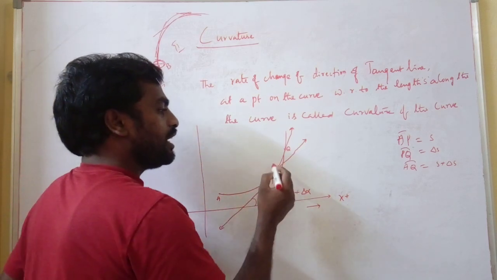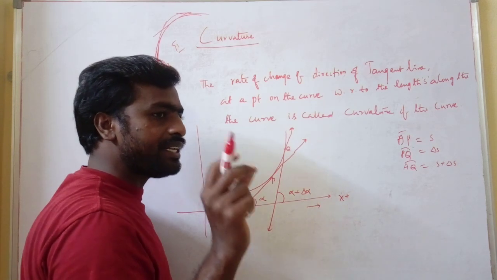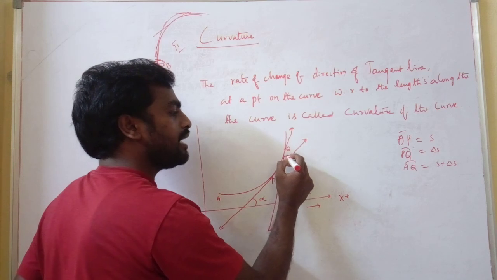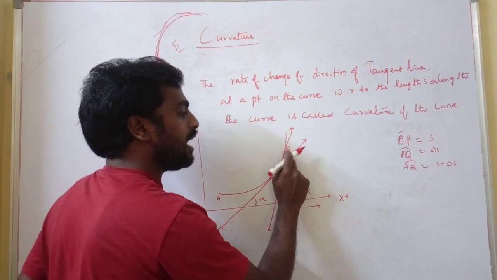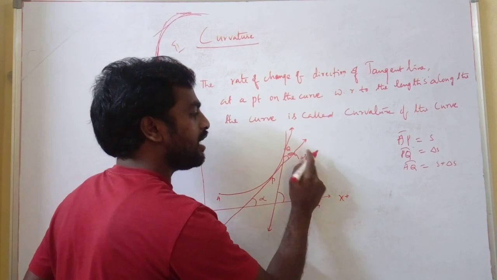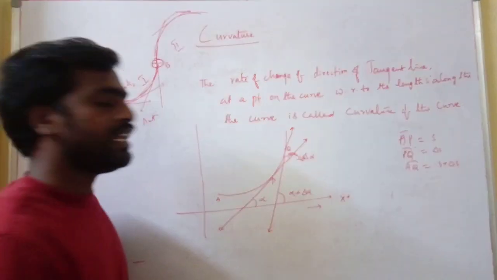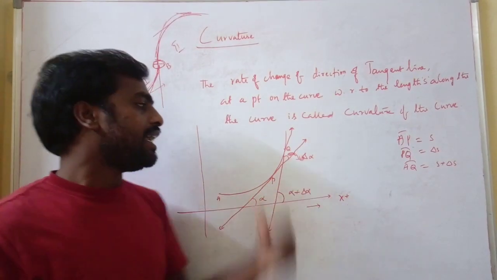I am indicating alpha plus delta alpha as the angle between the tangent line at point Q and the positive direction of the x-axis. The two given tangent lines intersect at a point, and they make an angle there. That angle I am indicating as delta alpha. That means the angle between the two tangent lines is delta alpha.